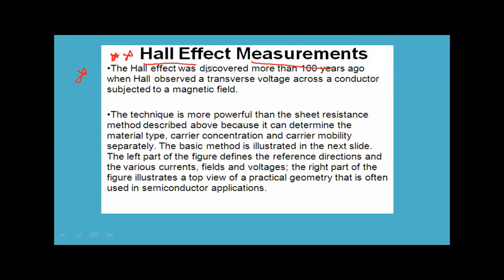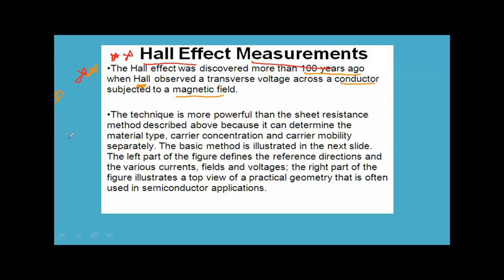The Hall effect was actually discovered 100 years ago. Very important. When Hall, the scientist, observed a transverse voltage across a conductor subjected to a magnetic field.